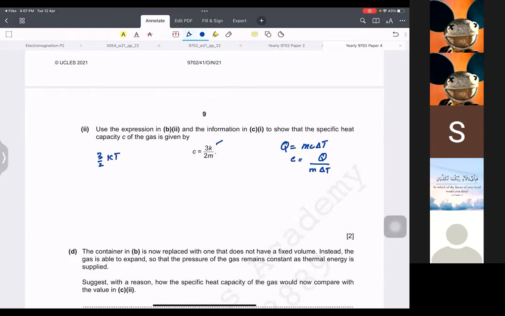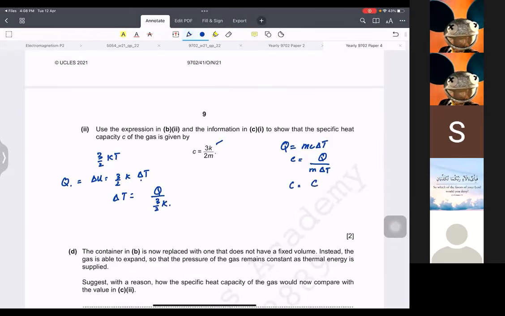So what I'm going to do is, for change in internal energy, it will be 3/2 k times change in temperature, and this is basically supplied by the heat energy Q. So I replace delta T with Q upon 3/2 k.